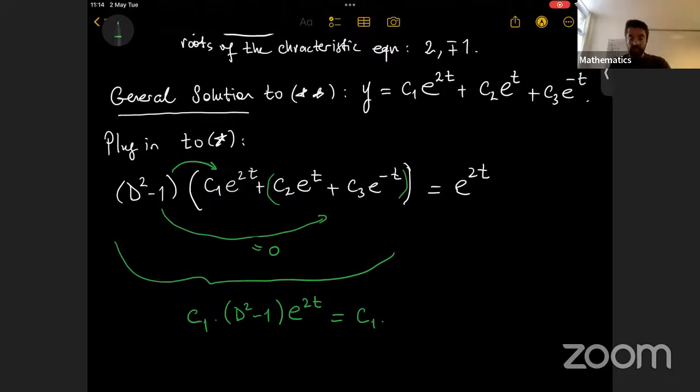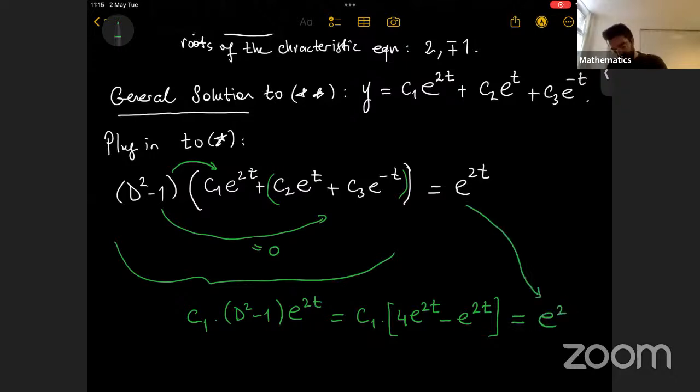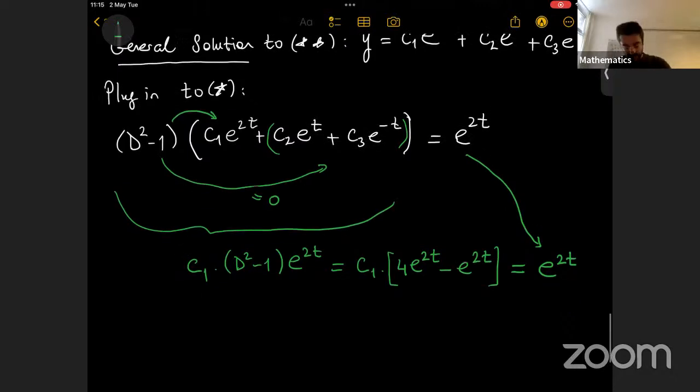D squared means you differentiate twice, okay? So you differentiate e to the 2t twice, and you will get 4 e to the 2t, minus e to the 2t. And this is nothing but 3 times e to the 2t, which is equal to e to the 2t, which implies C1 is equal to 1 over 3, okay?